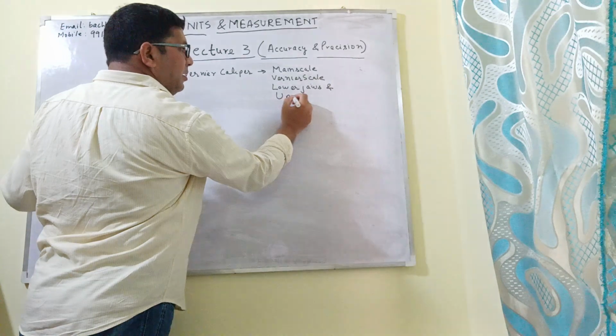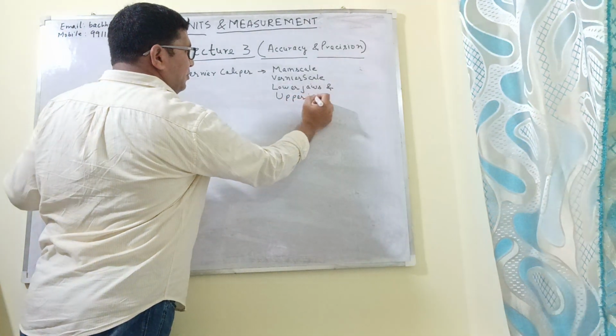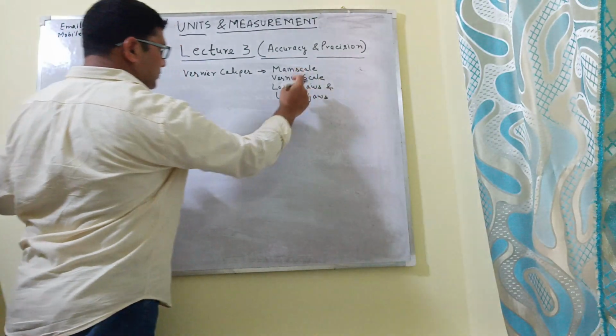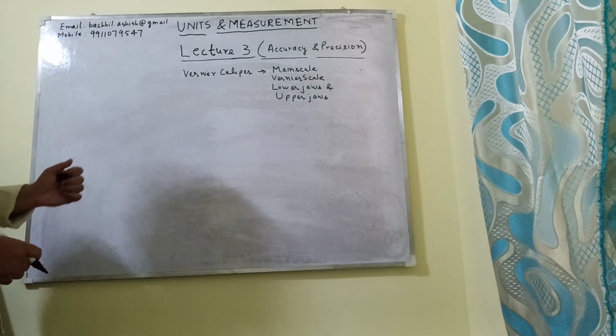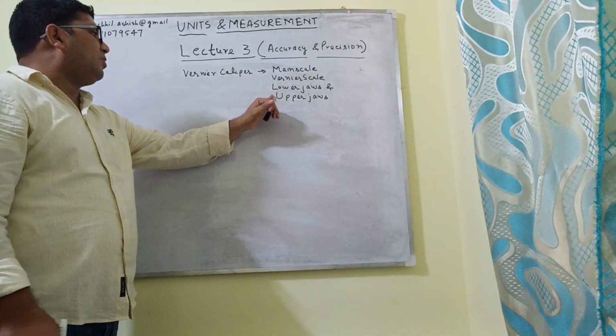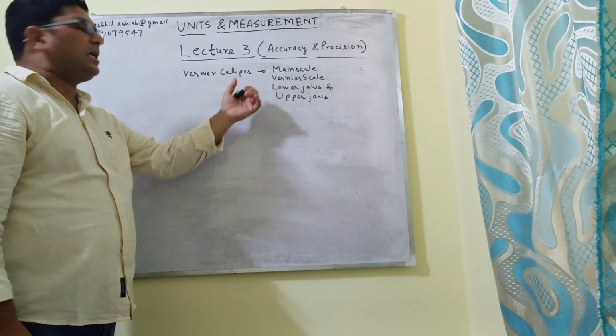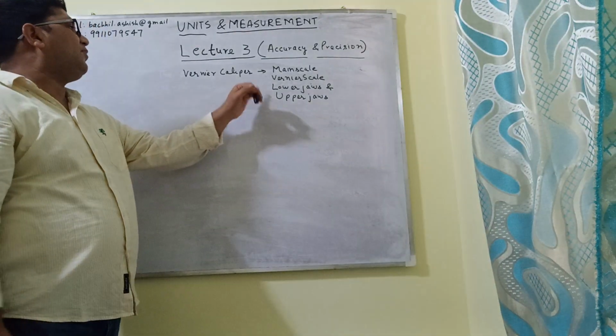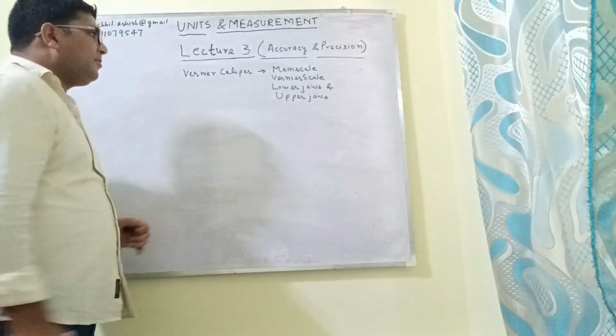There are other parts also, but basically I am just focusing on these 4 because with the help of these 4 parts of the vernier caliper, you will be able to understand the functioning of this instrument.